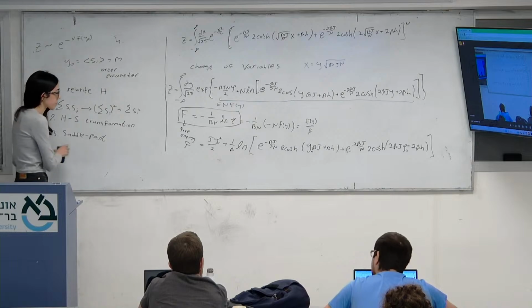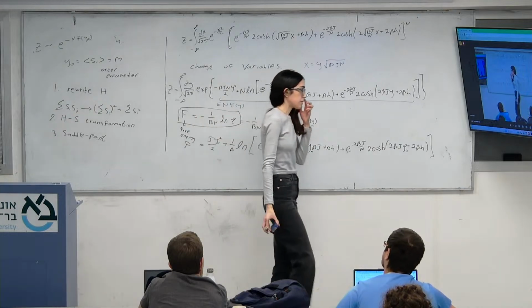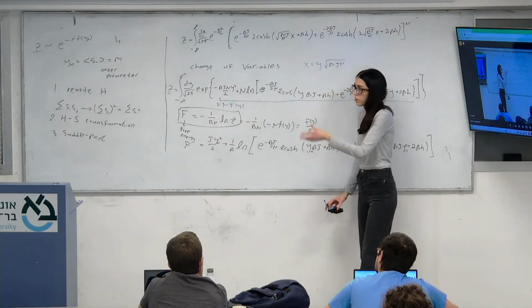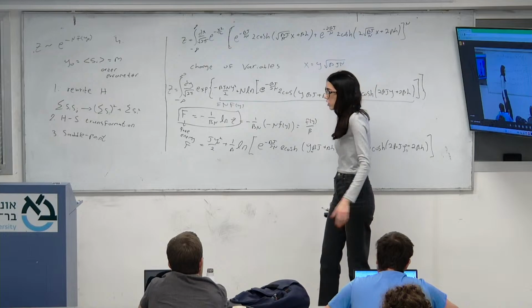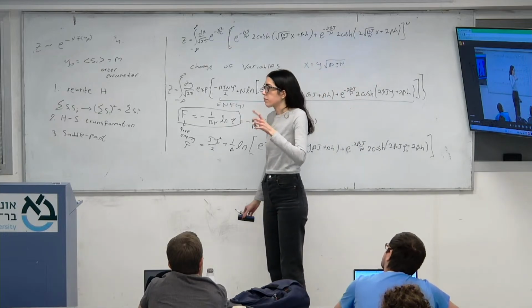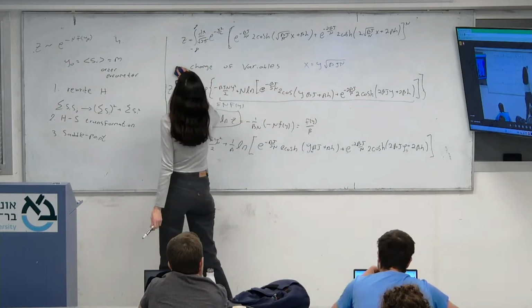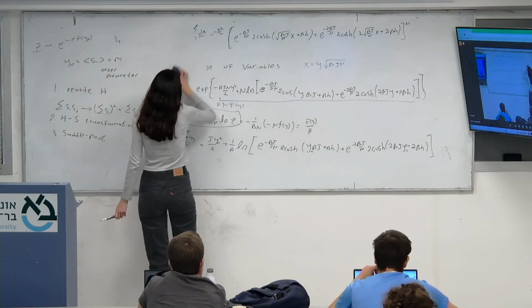Okay. So I have another example. I'm not going to go through all of the calculation because it's very technical, but I have something that I want to show, so we're just going to go through it.